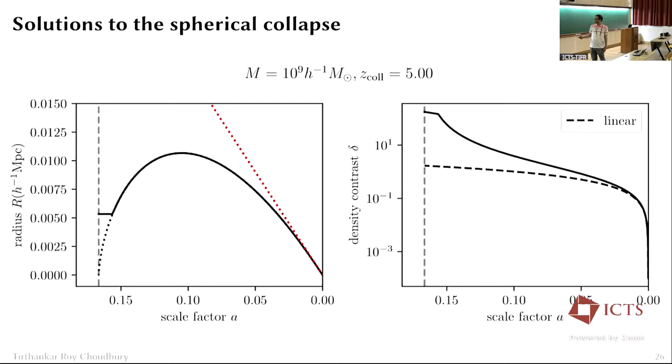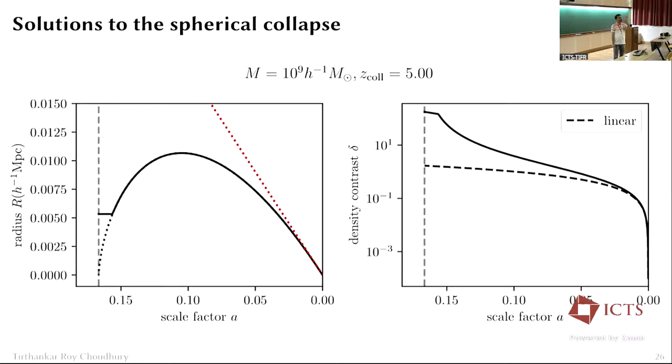On the right-hand side, I have plotted the density, or the density contrast in particular. The black line is the true density contrast of that spherical overdense region. The dashed line is the density contrast using linear theory.